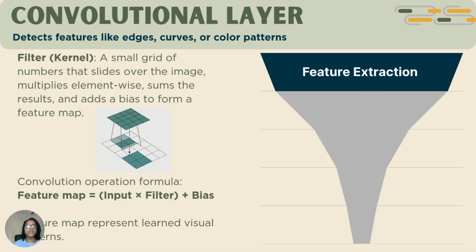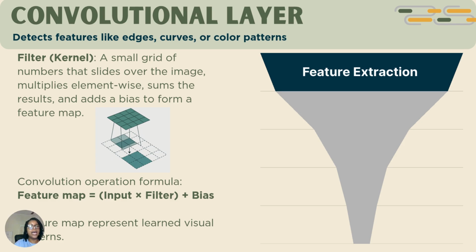The convolutional layer is what we call feature extraction. Again, when I say pixelated, I mean we take a small grid called a filter or a kernel and we slide it over the actual pixels, over that small portion of the image, piece by piece.